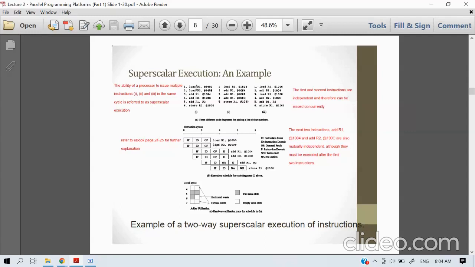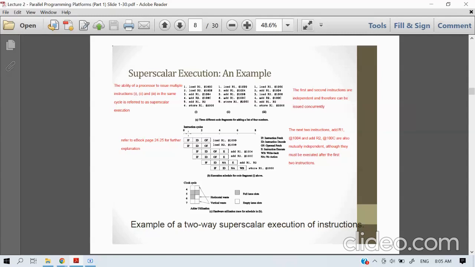For the first execution, load the data R1 and also R2. Then the next one adds R1 and R2. Then step number 5 adds R1 and R2, and the result of adding R1 and R2 is stored into R1. So this instruction sequence is transformed into a scheduled code fragment.